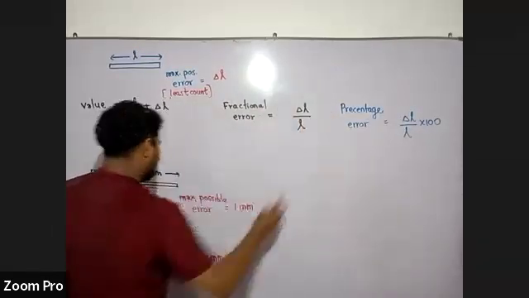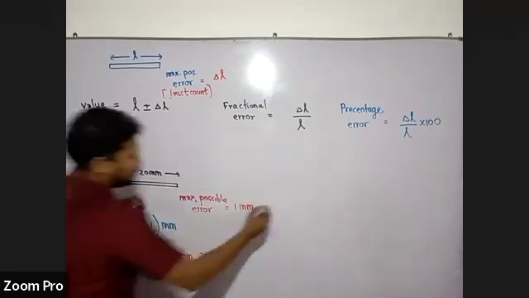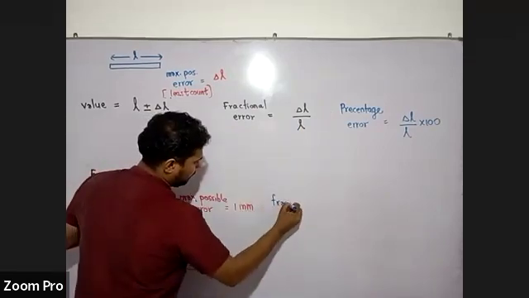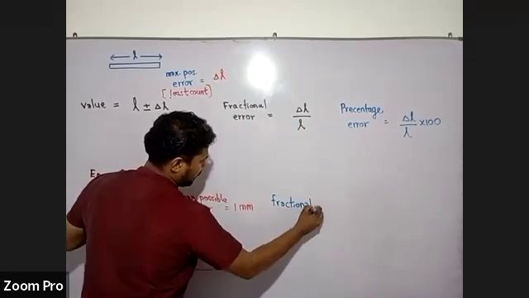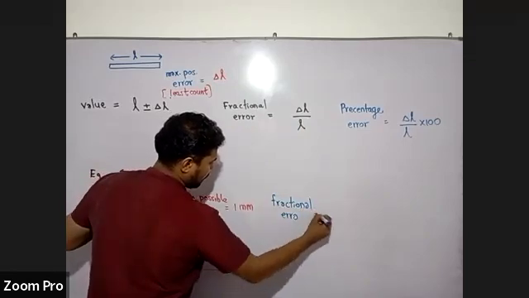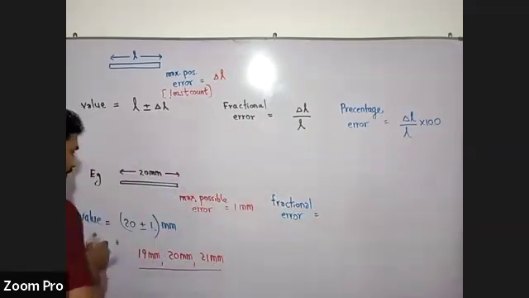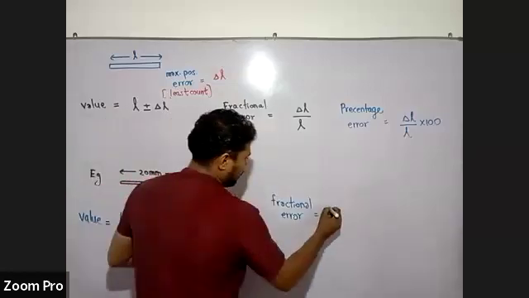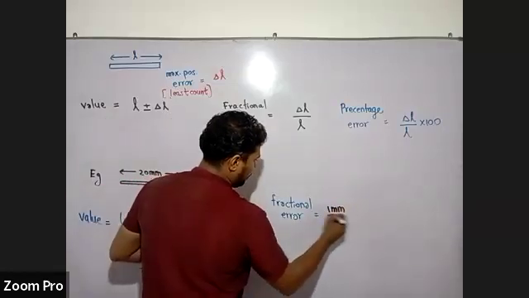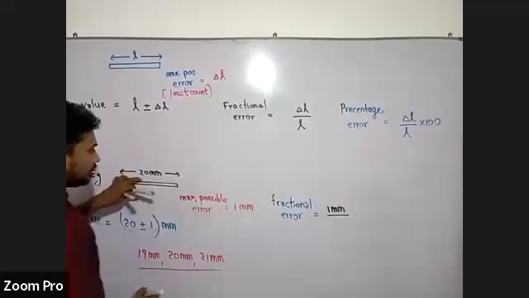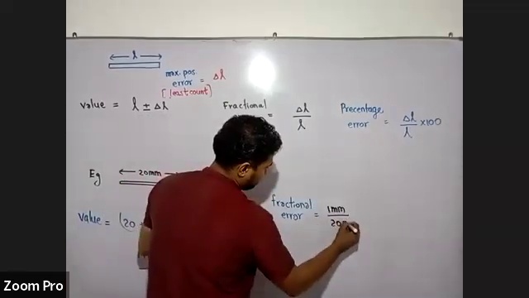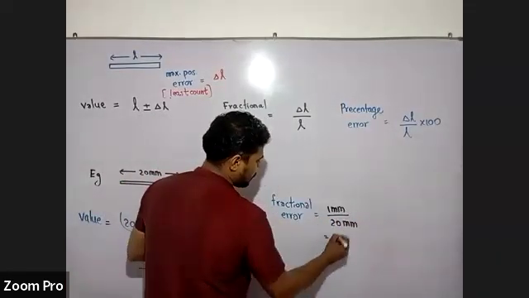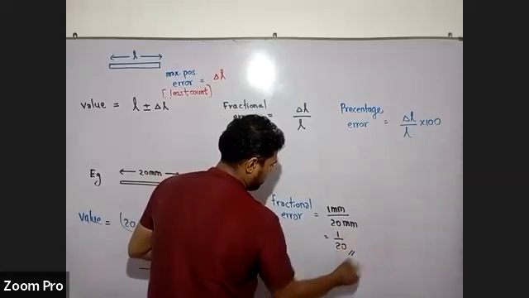Now, if we apply the fractional error and the percentage error to this example, the fractional error can be expressed as 1 millimeter over what is the obtained value? 20 millimeters. So it should be 1 over 20.